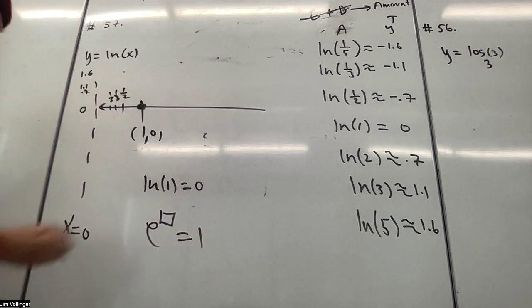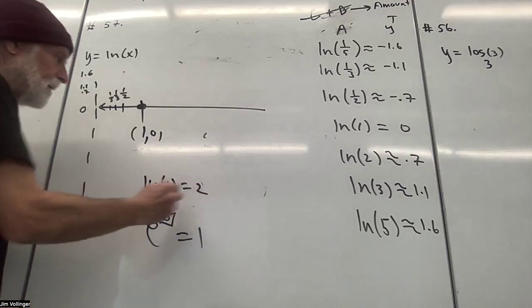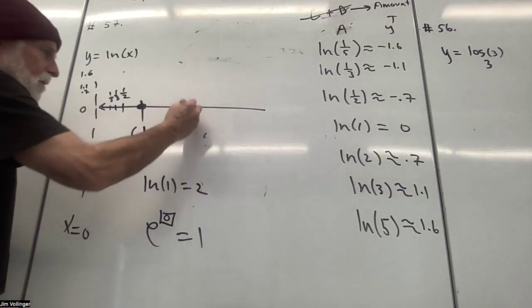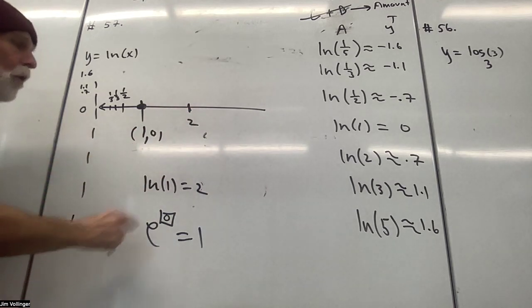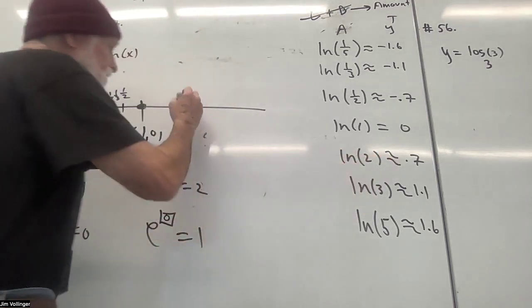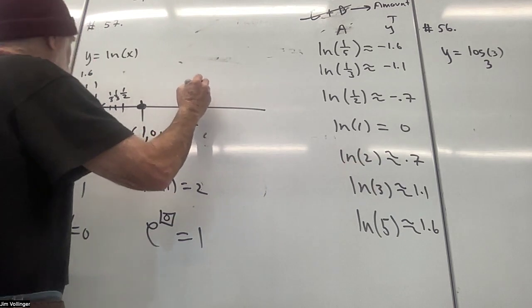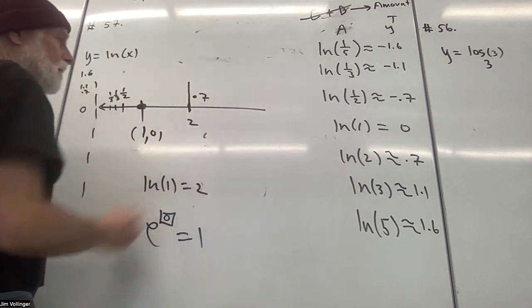That's the question it's asking, and it's a 0. What gets you 2? Well, if that's 1 unit, I'm going to call that 2 units. And I hope if you have that memorized, you're going to say 0.7. So we'll make that 0.7 right about here.